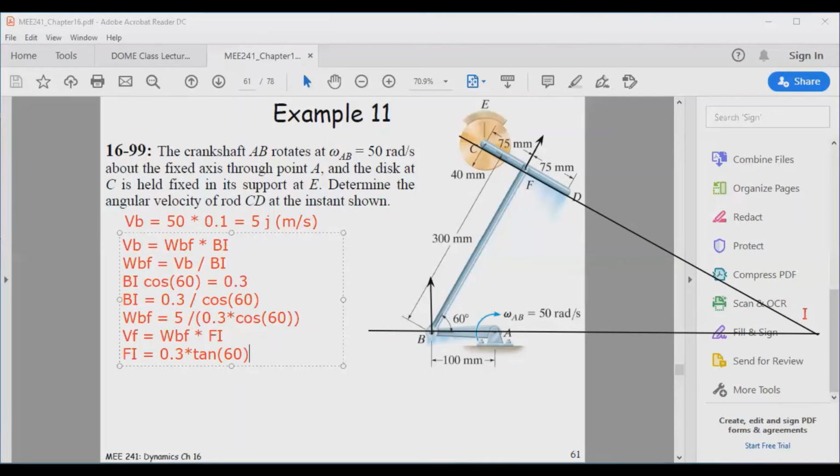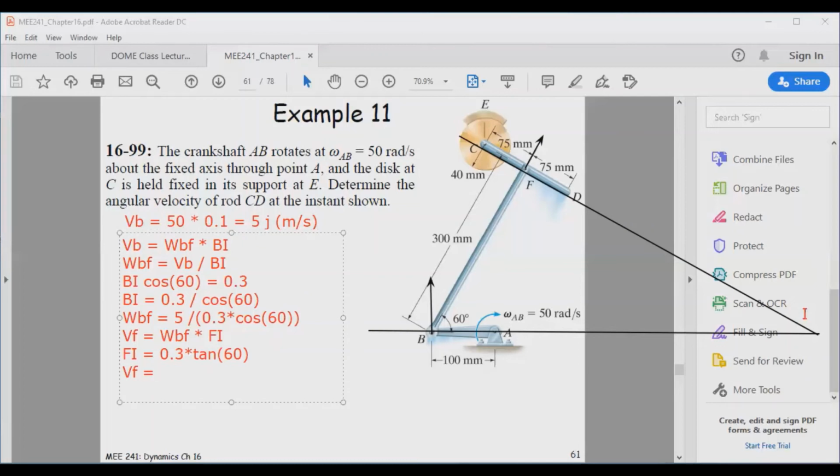All right. So from here we can find VF, and once we have VF, how can I find omega of CF? We find the velocity of F with respect to C. Exactly, right? So here VF is equal to omega BF.